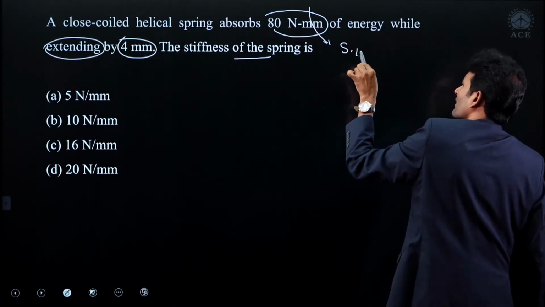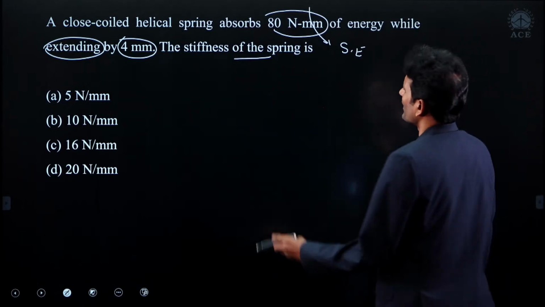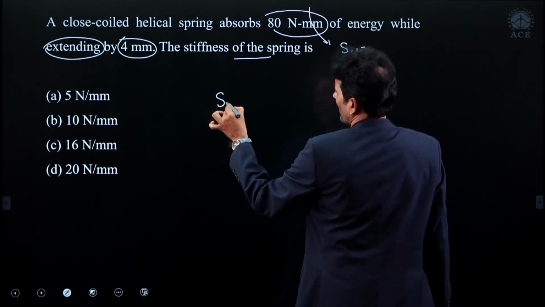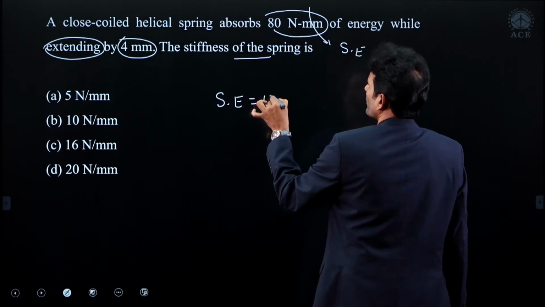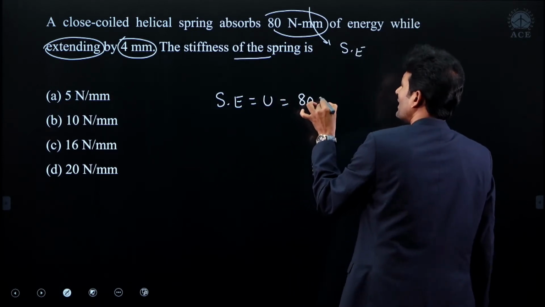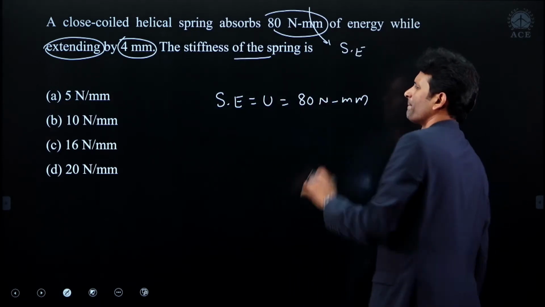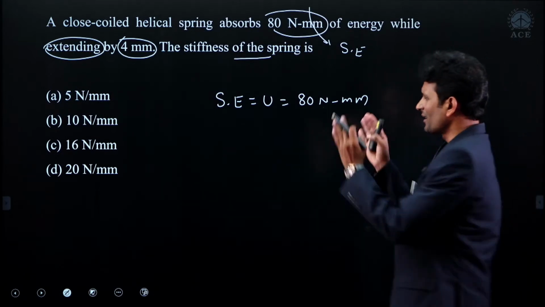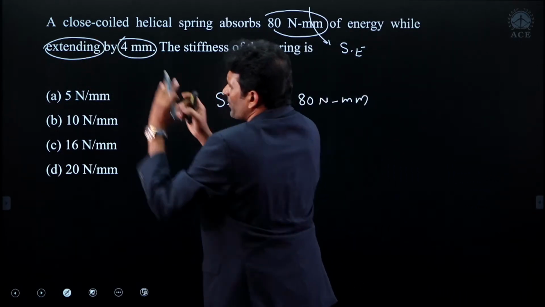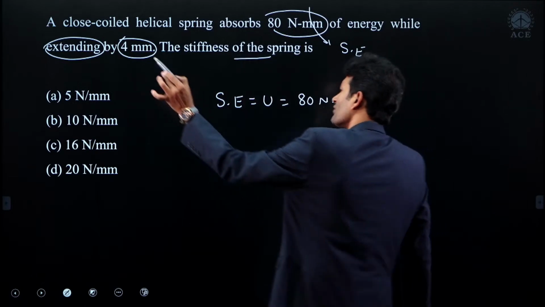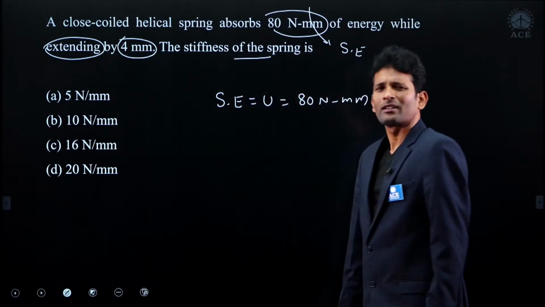Now, what is the strain energy we are observing in the spring? Strain energy U equals 80 Newton millimeter. This energy we observe because of deformation in the member. When deformation happens, some work is done.